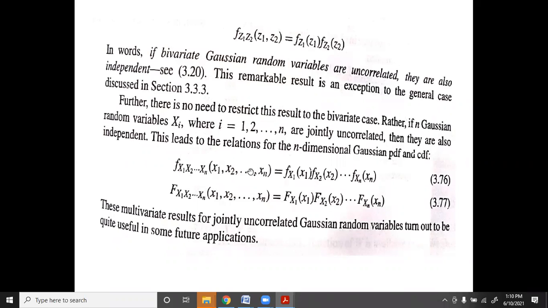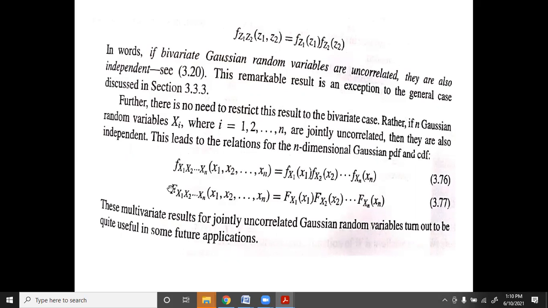If we have n Gaussian random variables xi, then the joint PDF of all those is equal to f of x1 times f of x2 times ... f of xn, in the case when all those variables are uncorrelated. Only when they are uncorrelated can we write it like this.